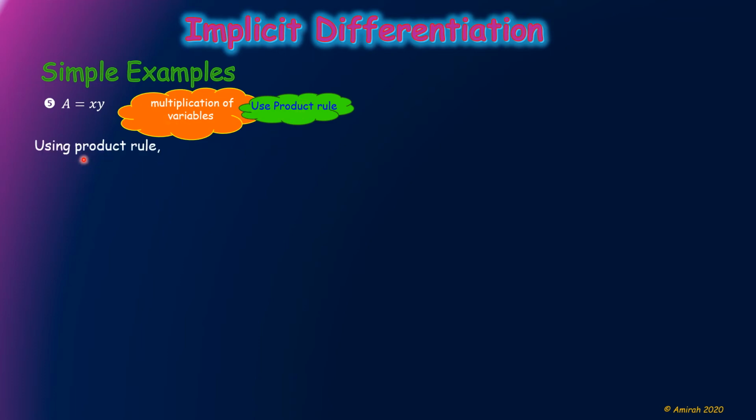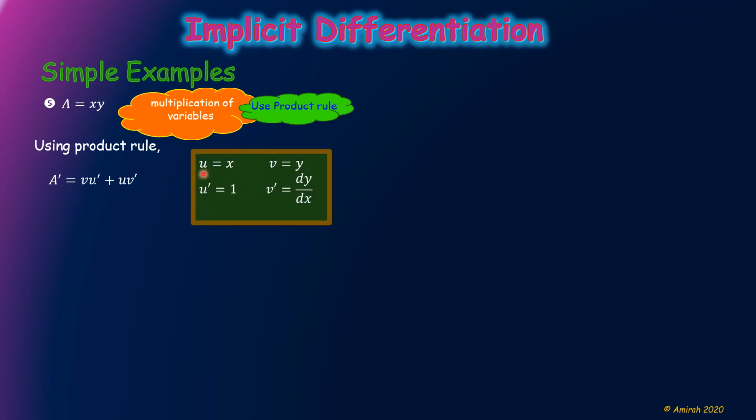Using the product rule, a prime equals vu prime plus uv prime. Then we define u and v. Our u is x and our v is y. Then we differentiate. We differentiate u to get u prime: we differentiate x and get 1. Then we differentiate v to get v prime: we differentiate y and get dy over dx.